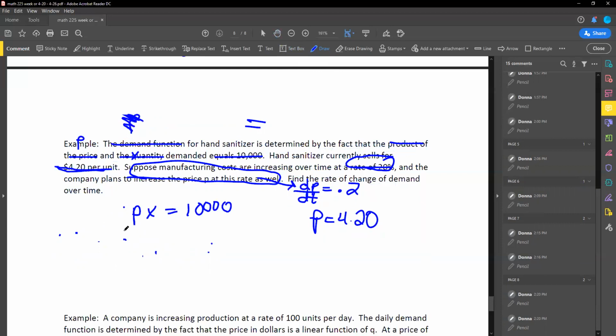All right, I'm going to do this derivative. The demand function is, I want to find X. I want to find the rate of change of demand. So what I want is dx/dt.